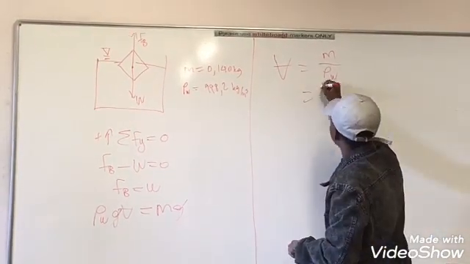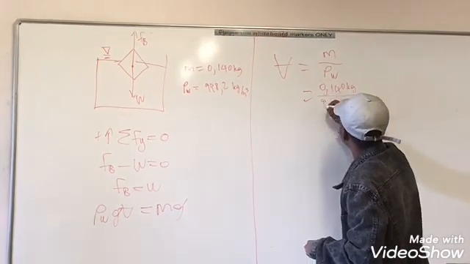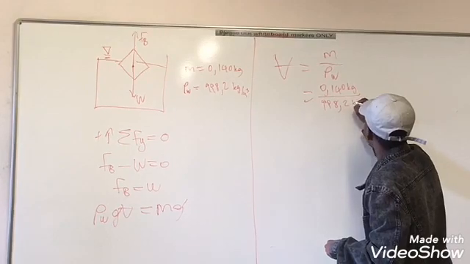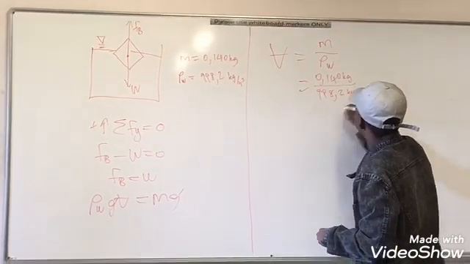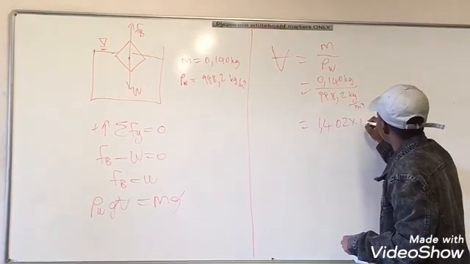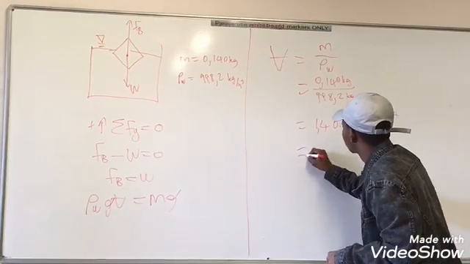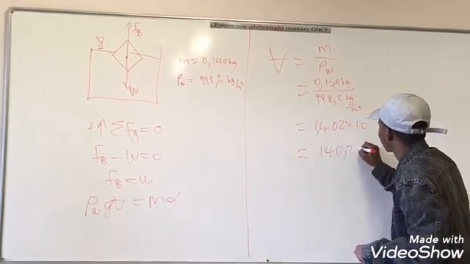Substituting 0.140 kilograms over 998.2 kilograms per meter cubed, we get 1.402 times 10 to the power minus 4 meters cubed, which is equivalent to 140.2 milliliters.